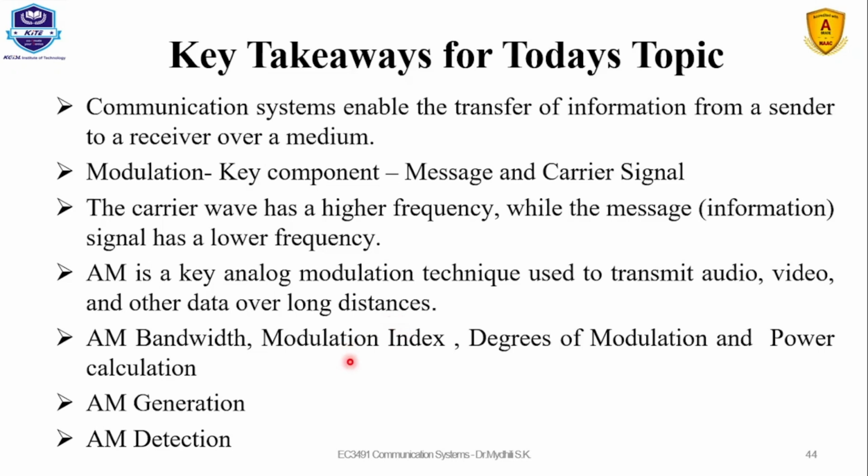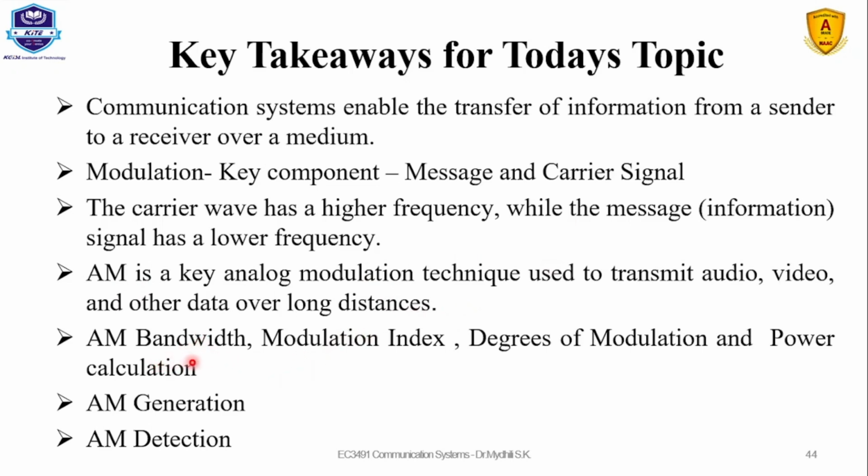OFDM has come into the picture, MSK, QAM techniques, everything has arrived, but AM is like the ABCD, an alphabet you learned in LKG. So this is a very basic technique. You need to know the basics to understand the better components of the technological advancement happening today.